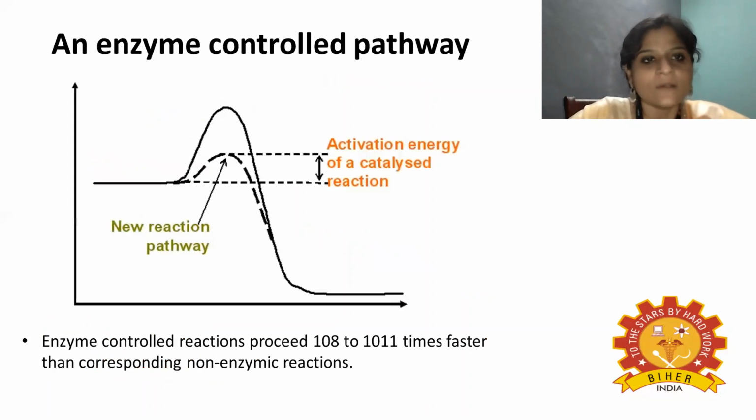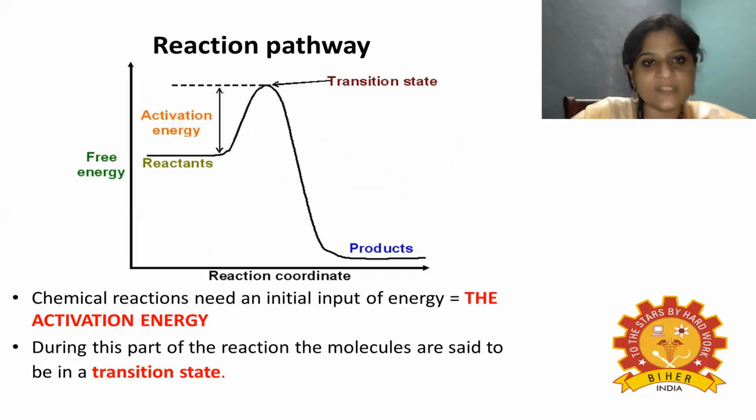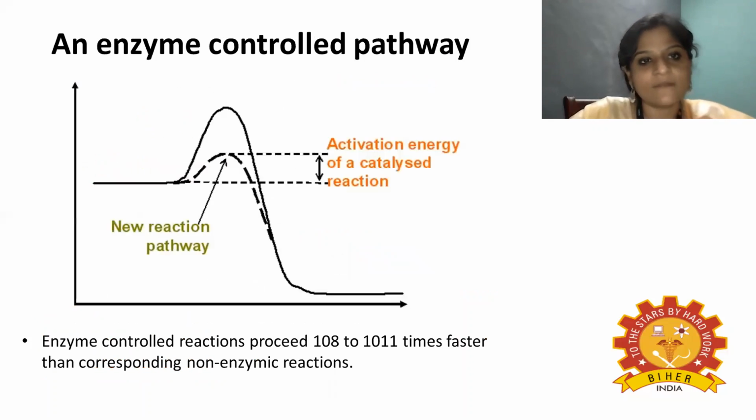All right. Now, an enzyme controlled pathway. The previous one was without any enzyme. The previous general representation we have graphically represented here is without a catalyst. So let us compare a reaction where we have used a catalyst and one where we have not.